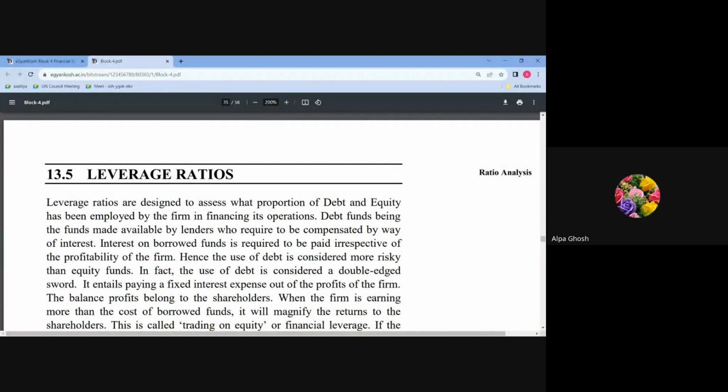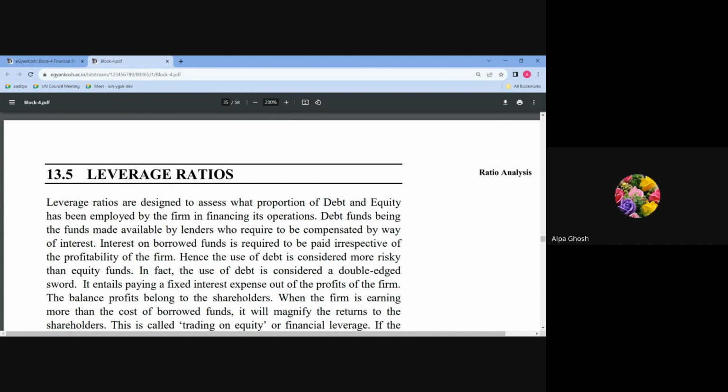And this is a mandate. If you're not complying with the payment of interest every year, then the financiers can even sue you in court. You can be penalized, fined for this. So this is a statutory obligation for the payment of interest.